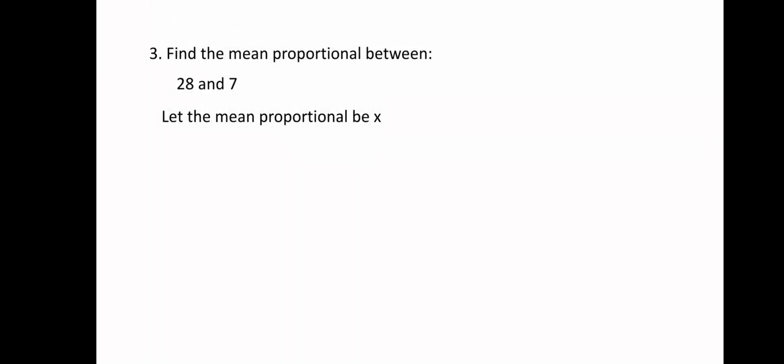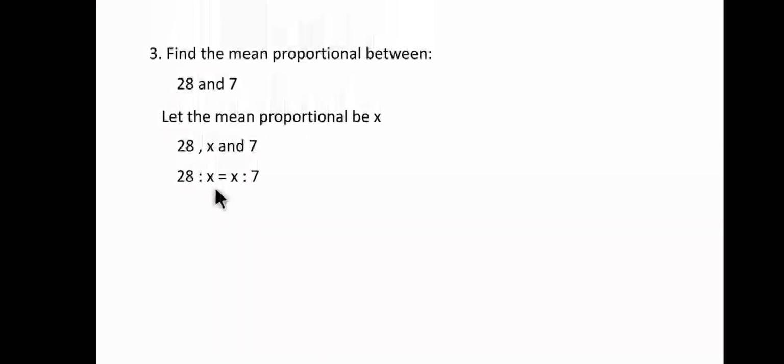Then we have 28, x and 7, with 28 being the first term, x being the mean proportional and 7 being the third proportional. Then 28 is to x equals x is to 7. This is how we express the continued proportion. The mean proportional gets split up in both the sides.